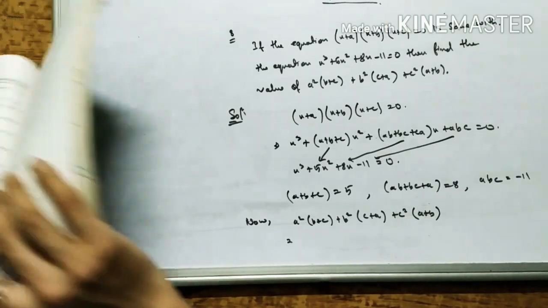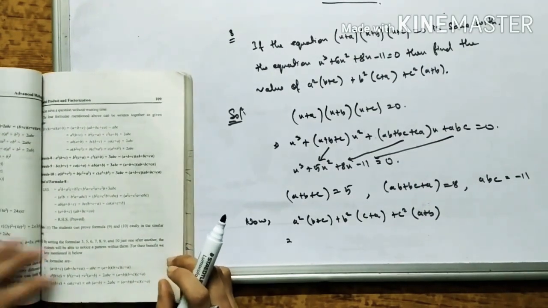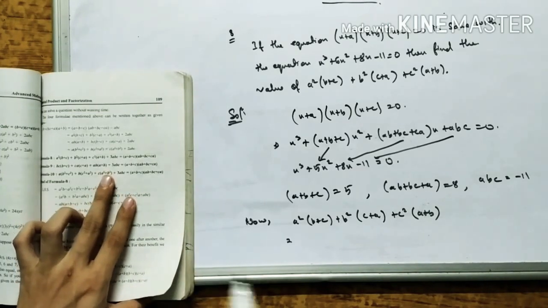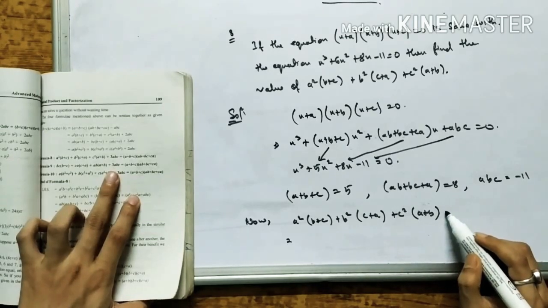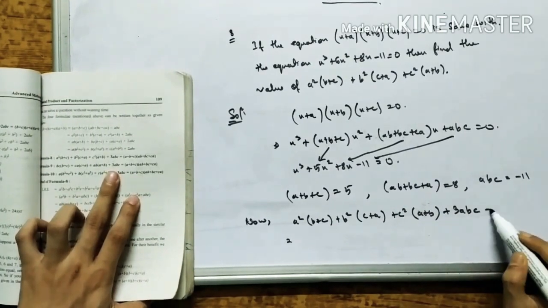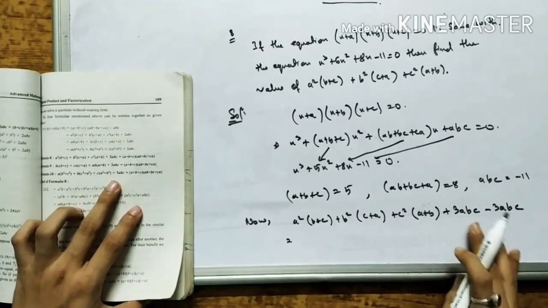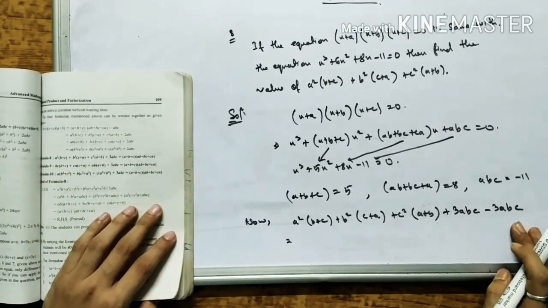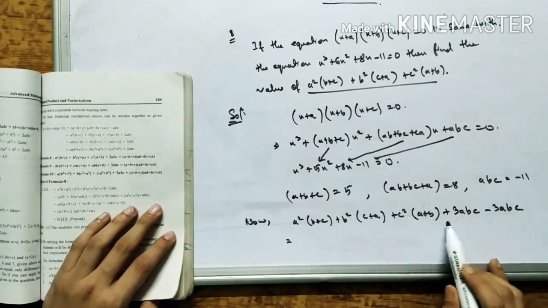In here there is a formula, and I can write this whole thing as plus 3abc minus 3abc. I have added this myself, plus 3abc minus 3abc. Now I will find the value of this.